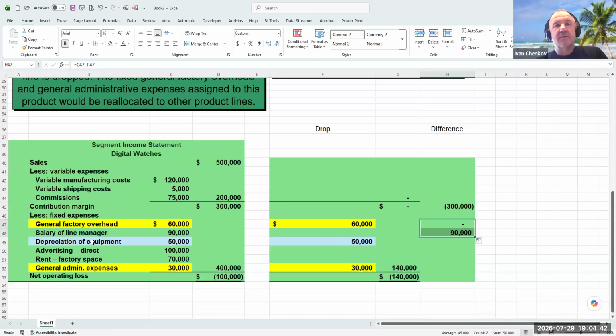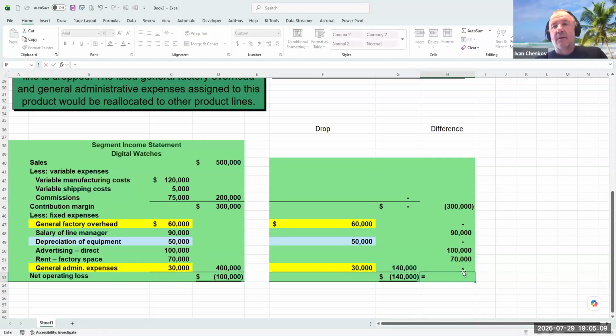We're saving 90,000 with the salary of the line manager. We're not saving on the depreciation. We're saving 100,000 on the advertising expenses, which we don't have to pay anymore. And we're saving on the factory rent space. On the general administrative expenses, there's no savings. So the question is where we are.